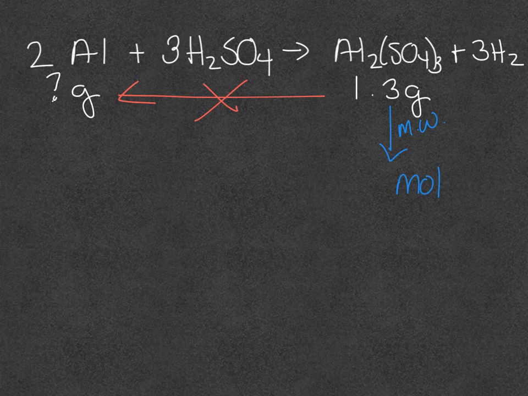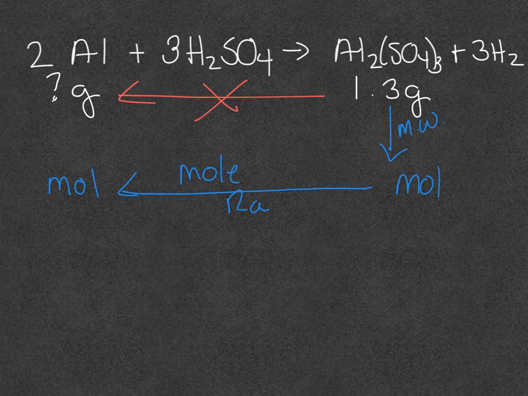Then once I have my value in terms of moles, I can convert from moles of one substance to moles of the other using that good old mole ratio that comes from our balanced chemical equation. And then I can convert back into the units that I'm being asked to find, which is grams, using the other molecular weight.